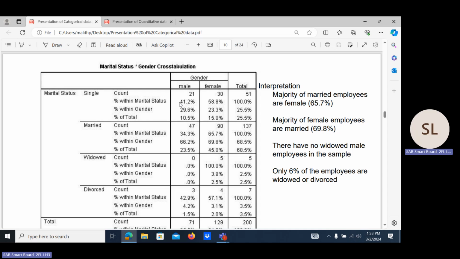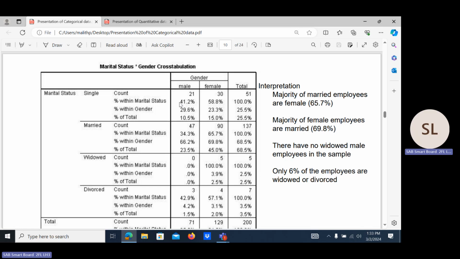Why? Within marital status, we calculate the 41.2% based on the total number of single respondents. So 41.2% represents what? 41.2% of single respondents are male.